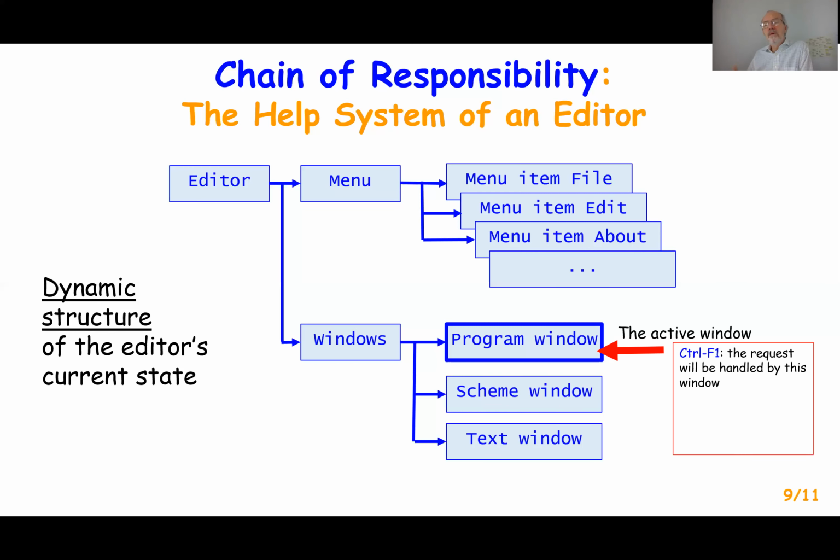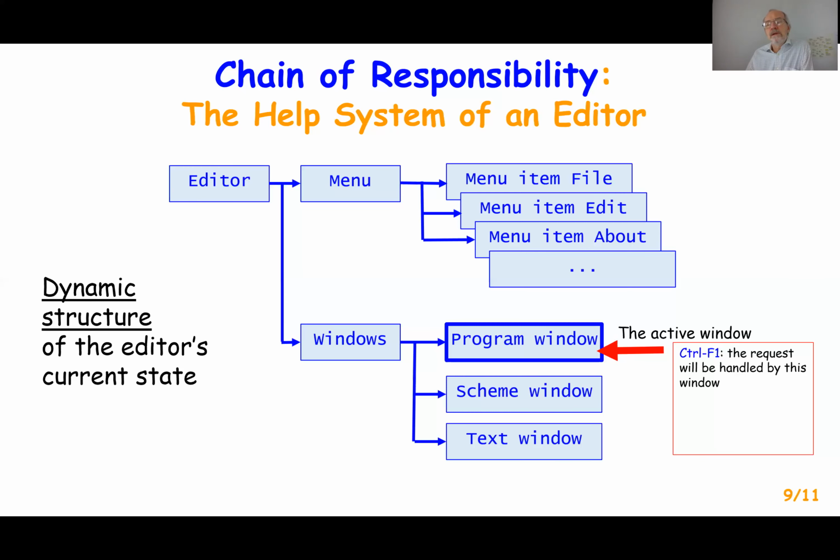And program window, this is a part of software, just an instance of a class, obviously, should handle this request somehow, because the semantics of this request assumes that the user wants to get the information about this program window as it is. So this component is able to handle this request immediately, because the request is about just this active window. Okay, no problem.